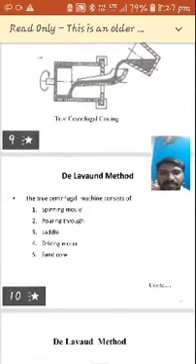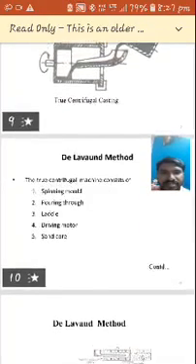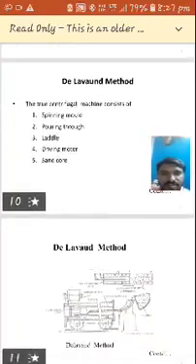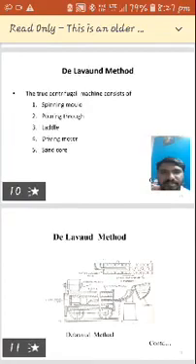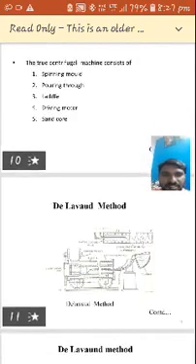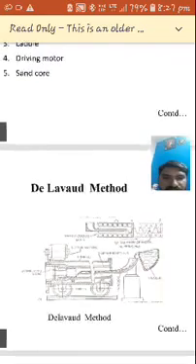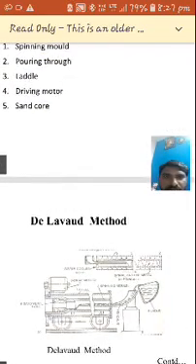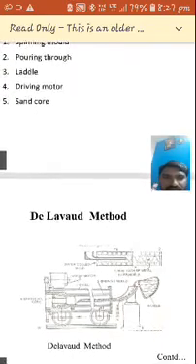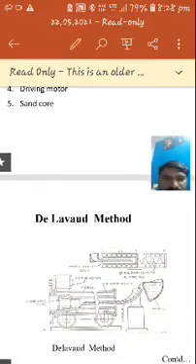The next one is the de Levant method. The true centrifugal machine consists of these parts: the first is a spinning mold, the second is a pouring trough, the third is a ladle, the fourth is a driving motor, and the fifth is a sand core. You can observe these parts in the figure.